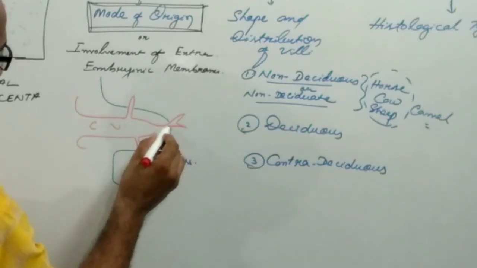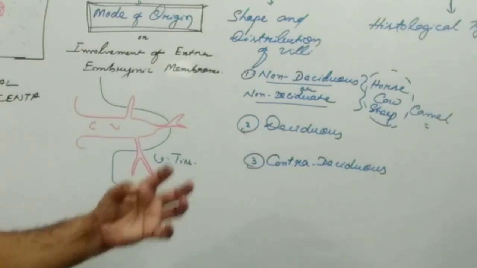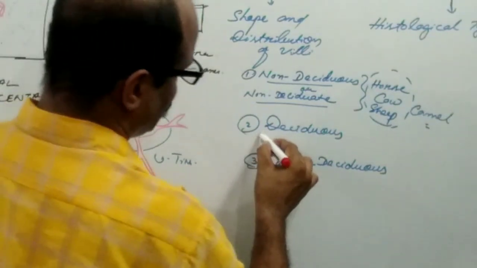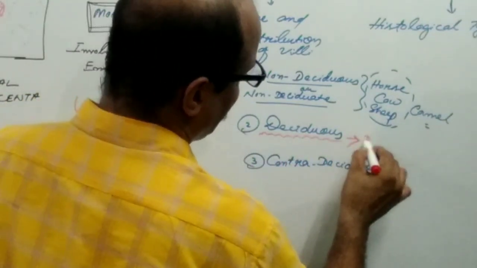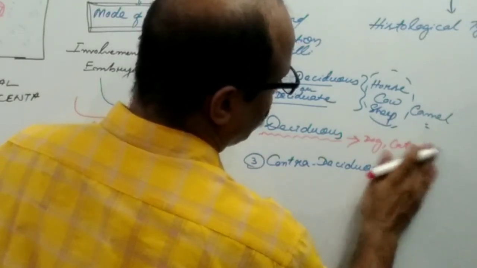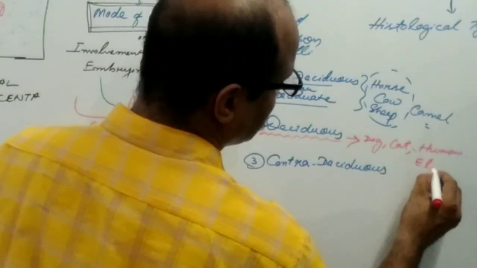That's why at the time of delivery, some of the endometrial tissue may come out, which may cause bleeding. Such a type of placenta is known as the deciduate or deciduous placenta, and it is present in dog, in cat, in human also, and also in elephant.